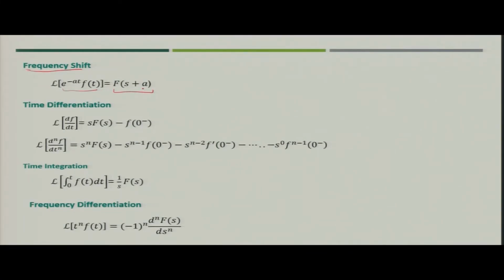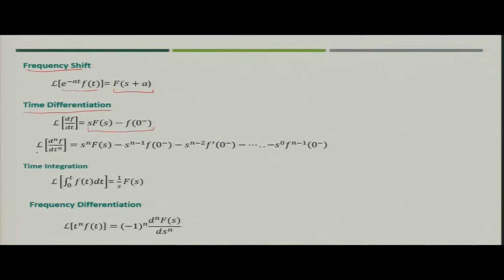Then we discussed time differentiation. The Laplace transform of df by dt will be given by s F(s) minus f(0), the value of the function at 0.